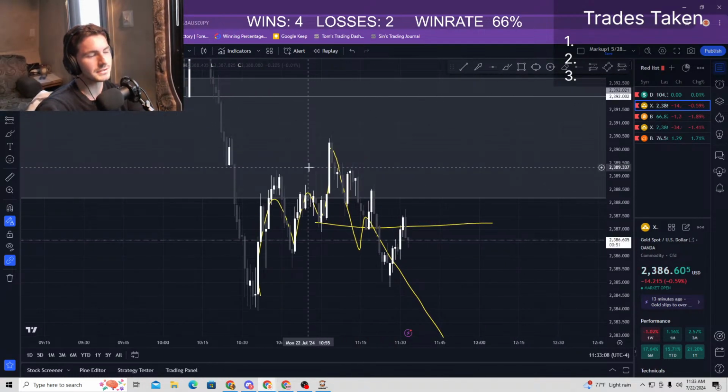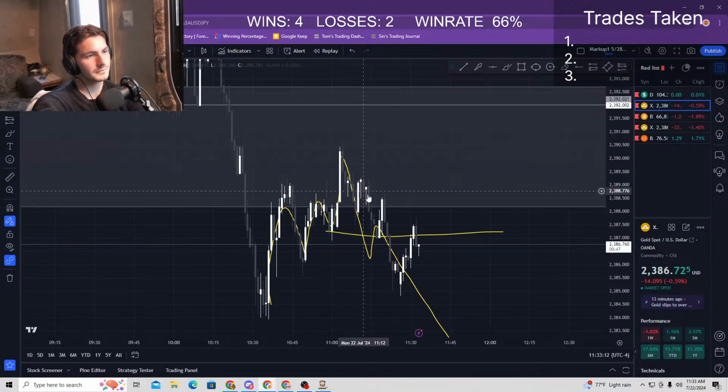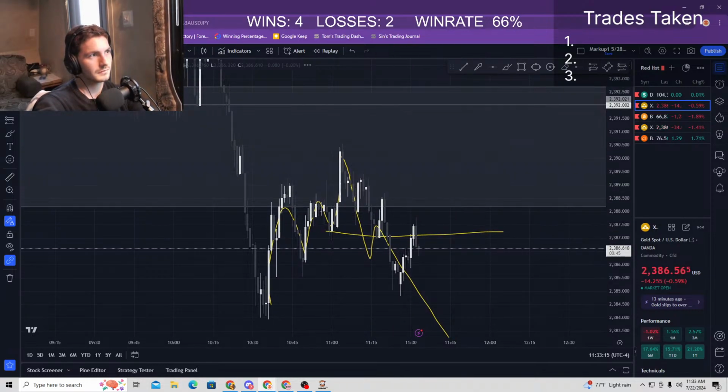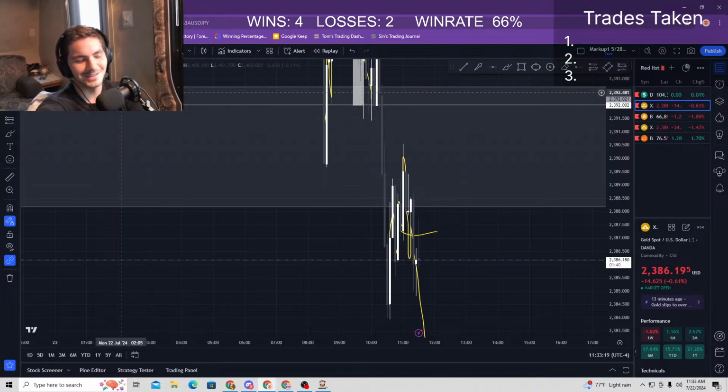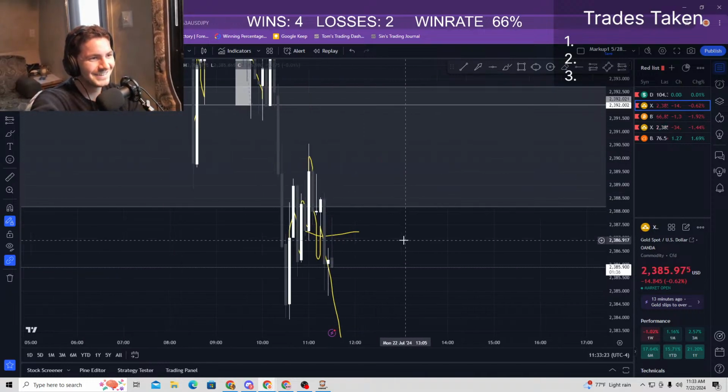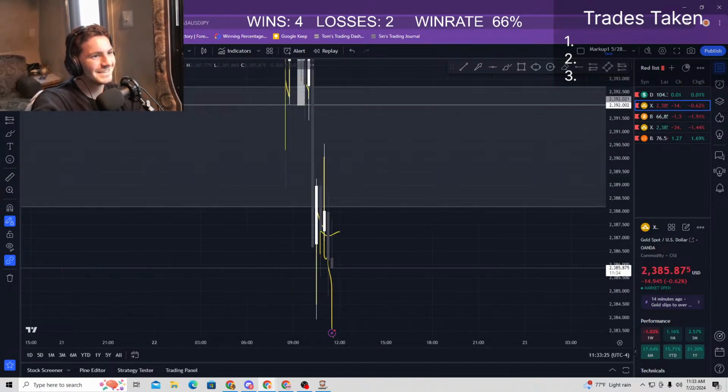Gold's looking pretty good. The previous lower, what is it, higher low? I don't know. I only know highest high and lowest low. Higher low, lower highs. It's complicated. It definitely can be.